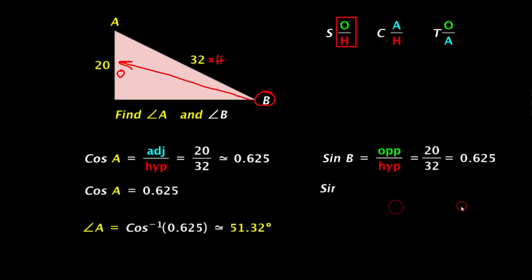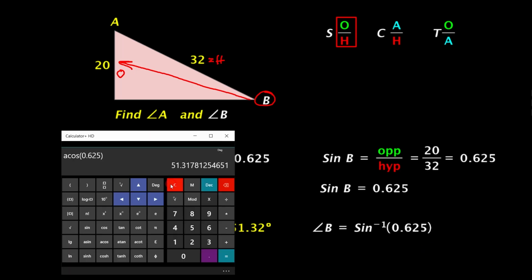So sine of the angle B is 0.625. And like on the left side, where angle A was the cosine inverse of the decimal value, angle B is the sine inverse of the decimal value. Sine inverse of 0.625. We use the calculator.